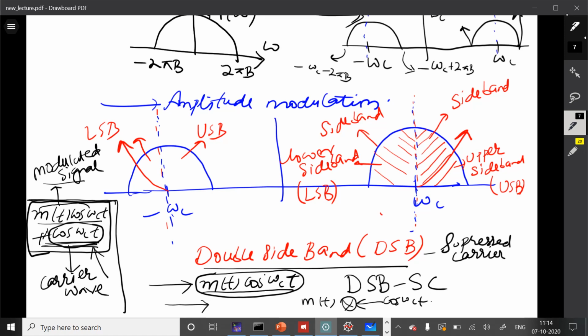We will apply the message signal on one side and the carrier a cos omega ct on the other side. The output of the circuit will be m of t times cos omega ct. So theoretically and ideally we have generated a double sideband suppressed carrier signal. In the next lectures we will see in detail the different ways of generating a double sideband signal.